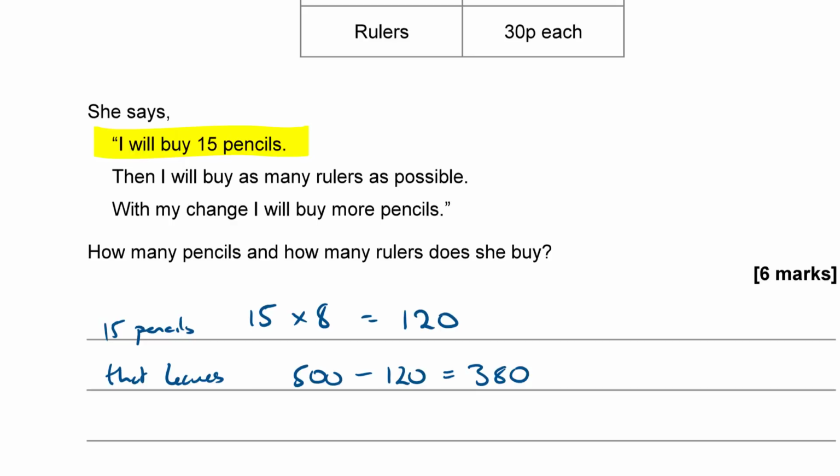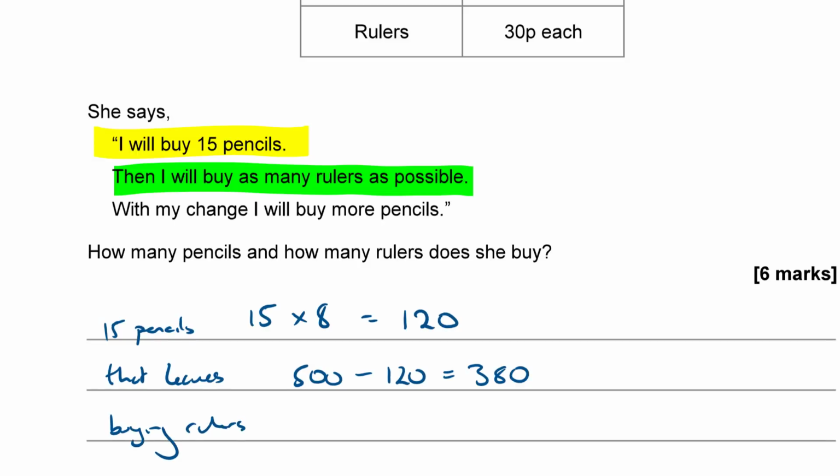And with her change, I'll buy as many rulers as possible now. So out of my 380 pence left, I want to buy as many rulers as possible. So in other words, I want to see how many 30s fit into 380. So buying rulers, I've got 380 divided by 30.